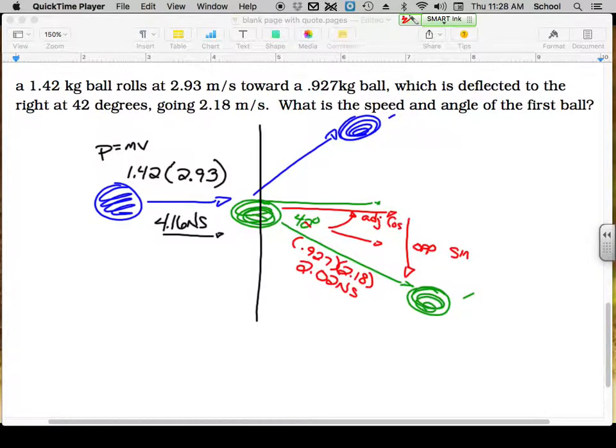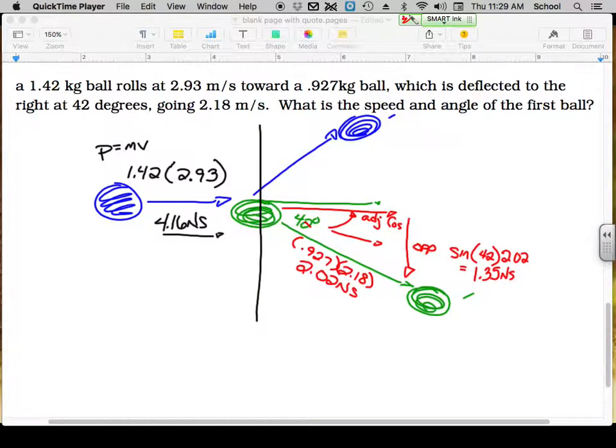So to use this, again, we just take the sine of the angle, and then times the hypotenuse, which was the 2.02. So we multiply that out, we get 1.35 Newton seconds that are going this way.